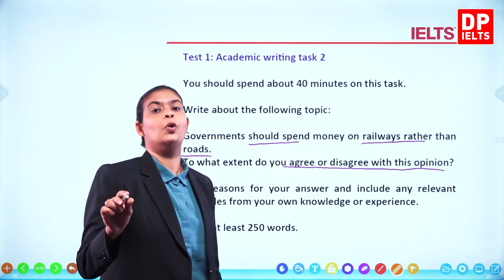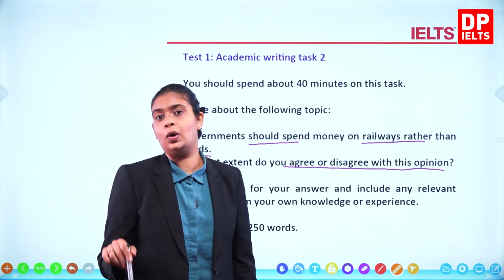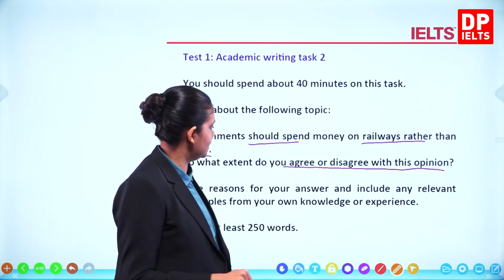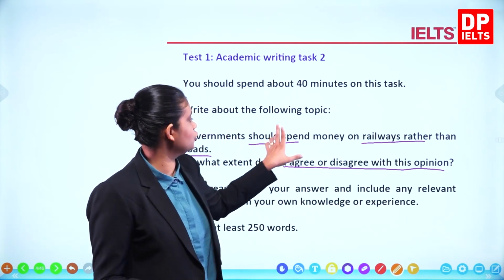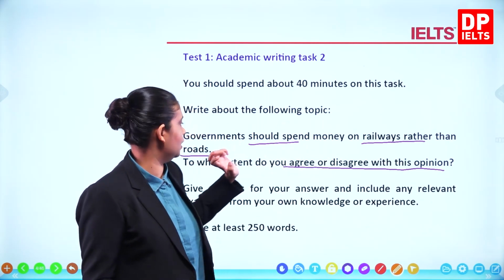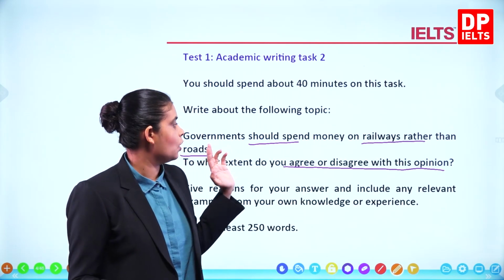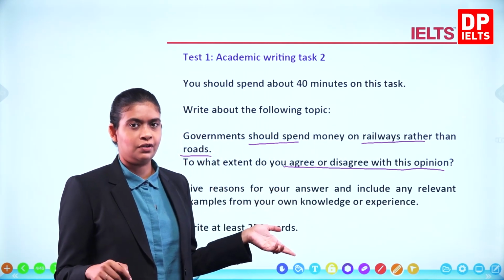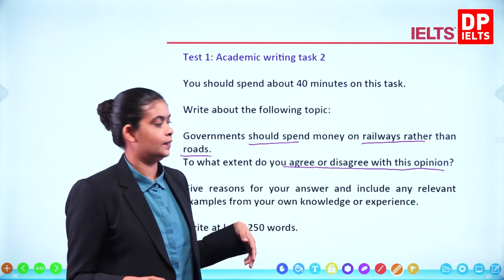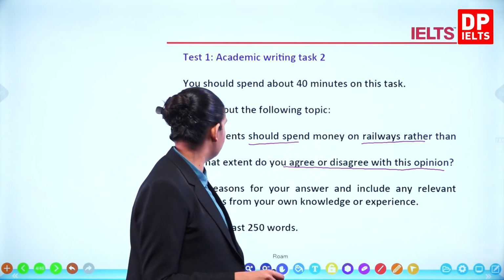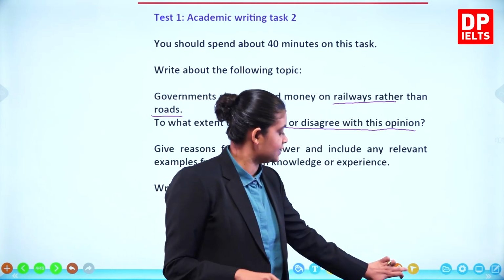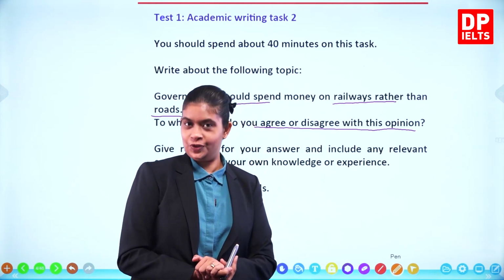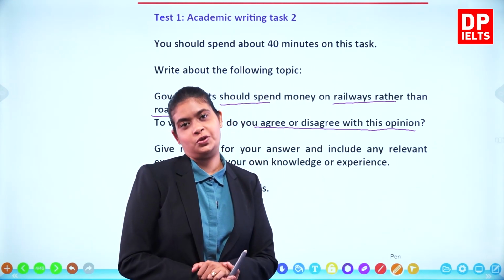This is an opinion essay, or we call it an argumentative style essay. Here they say that governments should spend money on railways rather than roads. What do you think? Do you agree or disagree? I'd like you to take 40 minutes and jot down an answer, and after that, let's have a look at a sample answer together. Off you go, do it on your own.